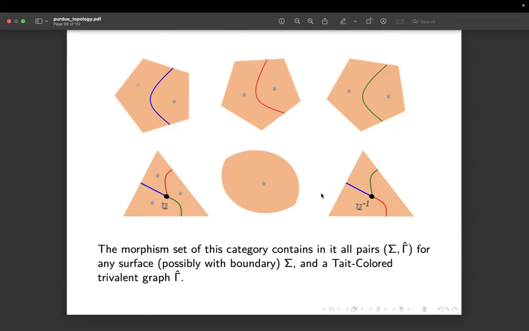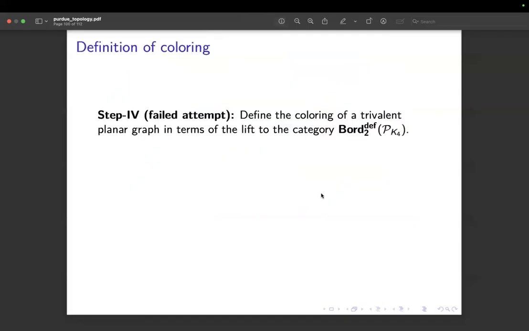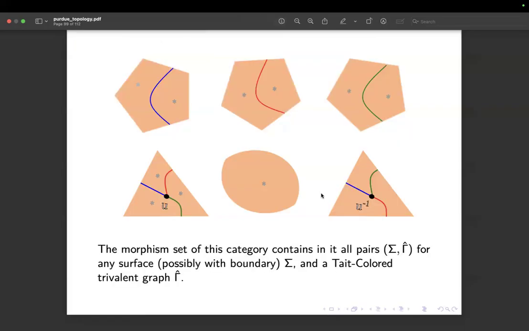So it's a kind of category which is coming from a 2-category, and it has the property that it contains all pairs sigma and gamma bar. So it accommodates. We'll see that it should somehow lead to some sort of categorification of universal bundles. Okay. So once you have that category, we saw that we have 2 categories.